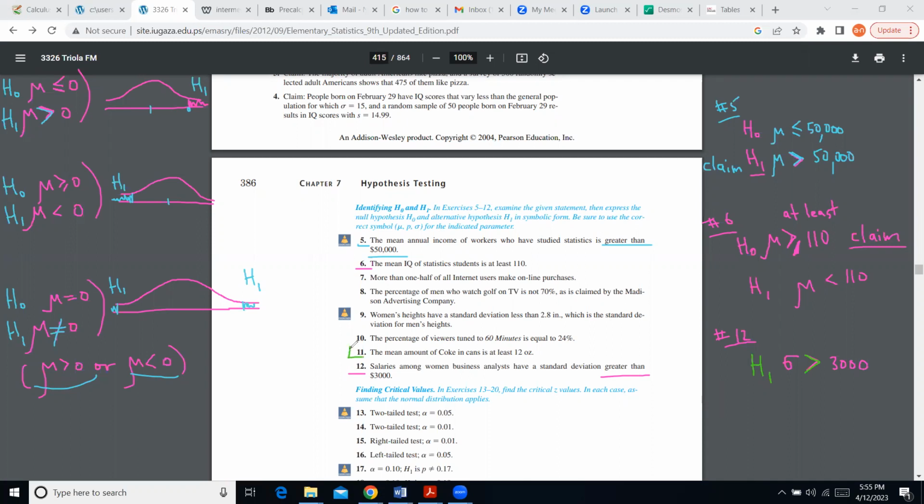How about if you tell me for exercise number 11, if that's H0 or H1? They say mean amount of Coke is at least, mean is at least means not less, greater than or equal to 12 ounces.